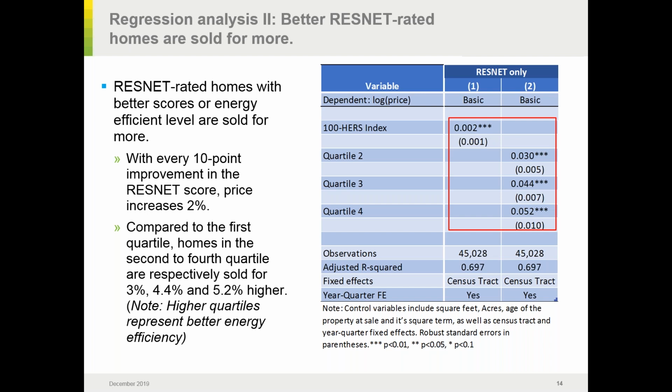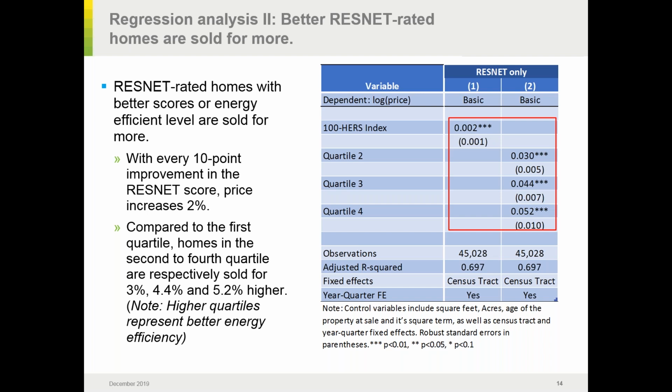Whether we do a model looking at a modified value of the index, or we group them into quartiles, the best fourth and then the next best fourth and so on, do we see premiums associated with that? And we do. The way to read the first column is that for every 10-point improvement in the score value itself, the price increases by 2%.